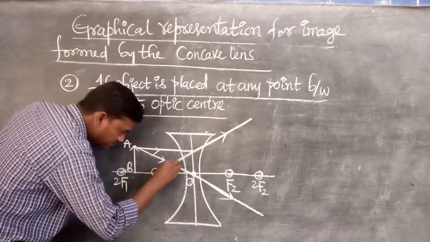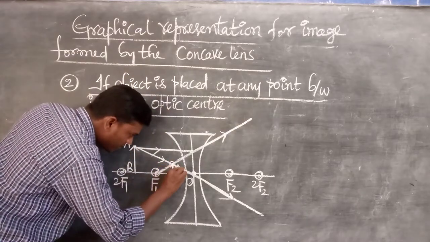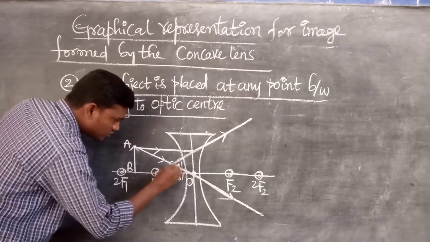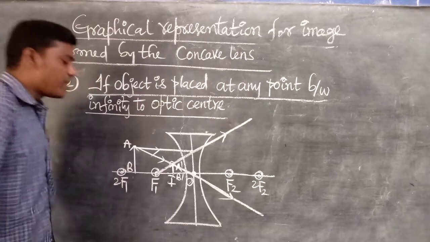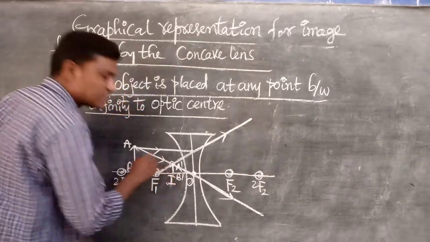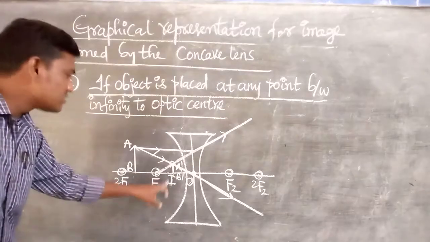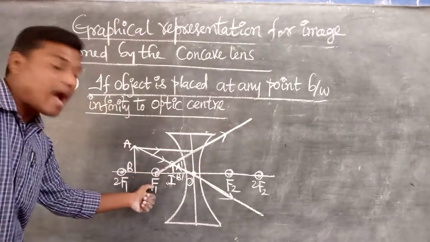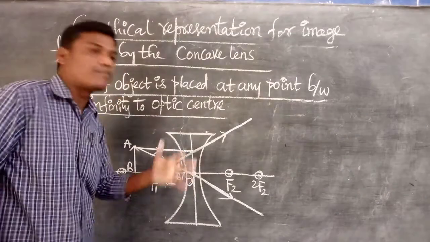This point, A dash B dash, is where the image will be formed. The image will be formed between the optic center and the principal focus, or between the principal focus and the optic center.